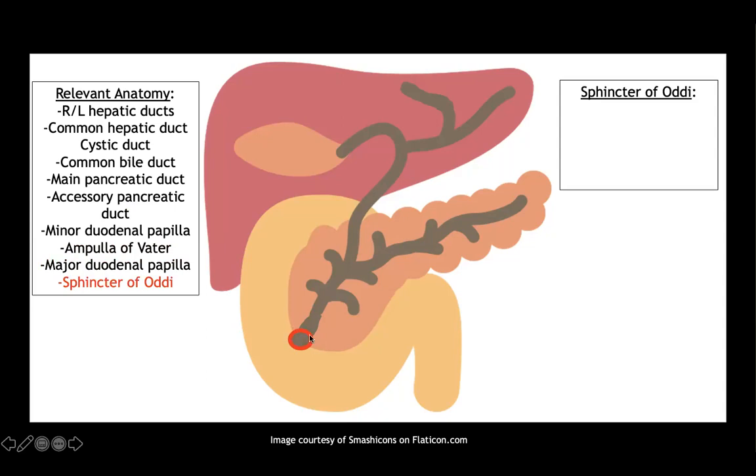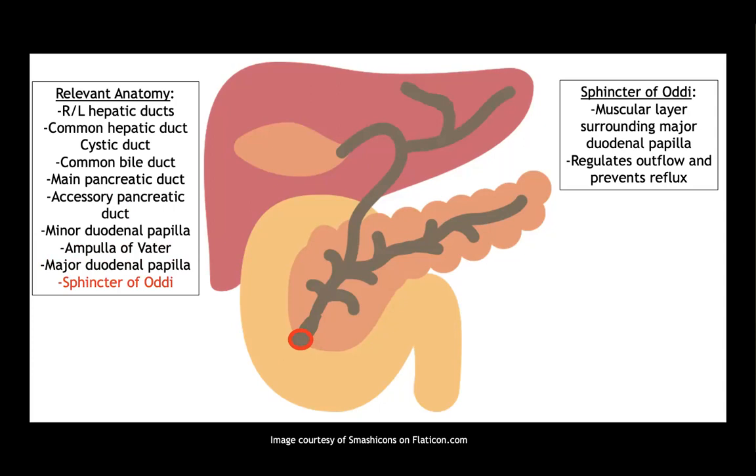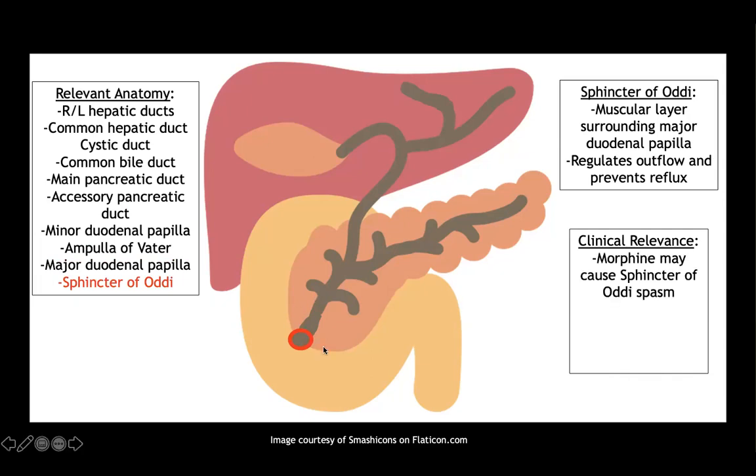At that papilla, there's something called a sphincter of Oddi, and this is a muscular layer that surrounds that duodenal papilla. And this can regulate outflow and prevent reflux. Depending on whether it's open or not, it'll determine how much fluid can drain from this region into our duodenum. Something you should realize is that morphine can actually cause sphincter of Oddi spasm.